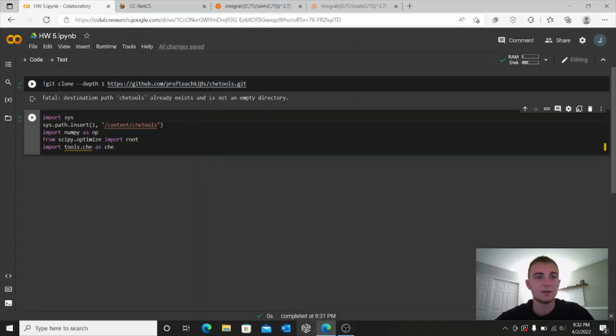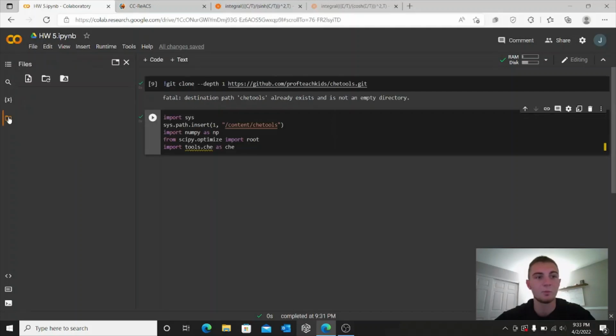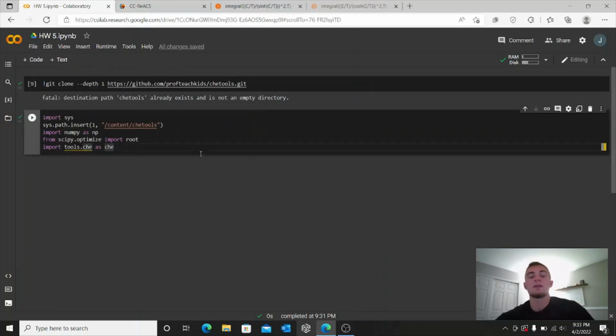Okay, and I have it cloned in here, and this sys.path.insert, essentially what this is saying is that it's telling Python here where this is located so that it can access it, so that we can have access to the code in order for it to be of use in our code. So this content CHE tools is where it's located in here. So it's under files here, and it's called CHE tools. So that is just a brief synopsis of what this is here.